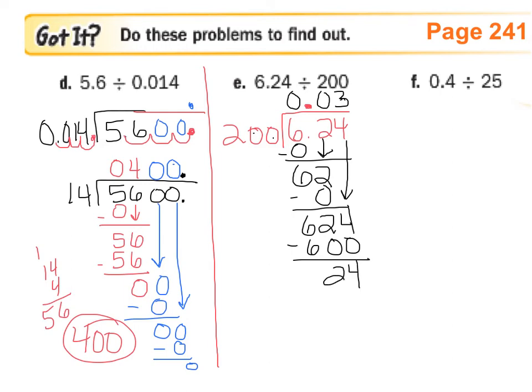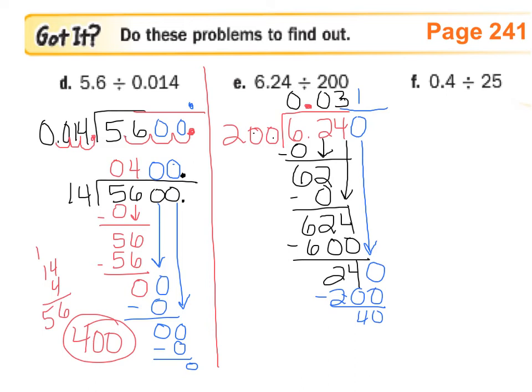So now what? We can't leave remainders when we're working with decimals. We're just not allowed. So we can use that trick of adding zeros or annexing zeros. So we're going to bring down a 0, and I can take one group of 200 out of 240. I'm going to subtract and get 40.